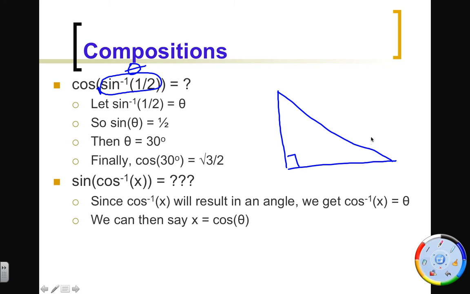If I said theta was right here or up above, I don't really care. This tells me that the cosine of this angle is x, or x over 1. So since I know cosine is adjacent over hypotenuse, I'm going to put in what I know.